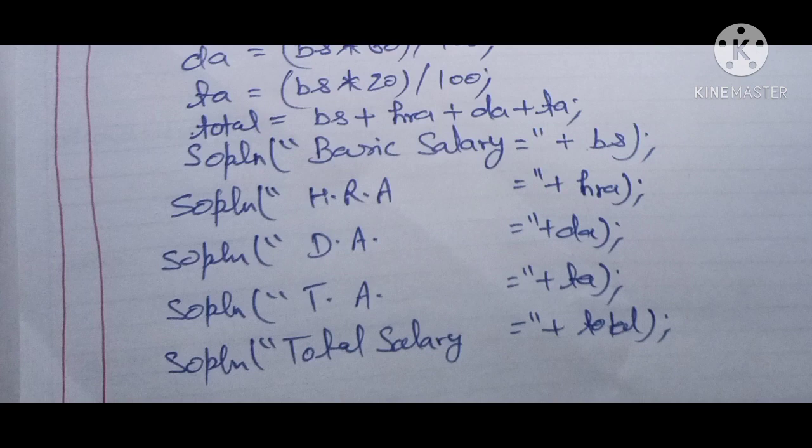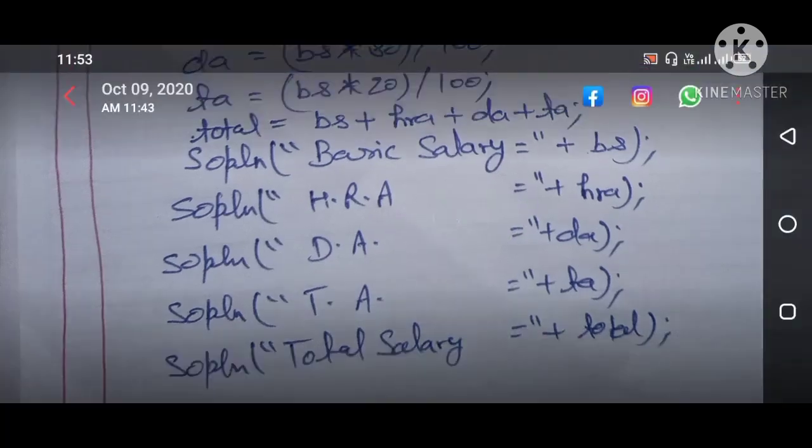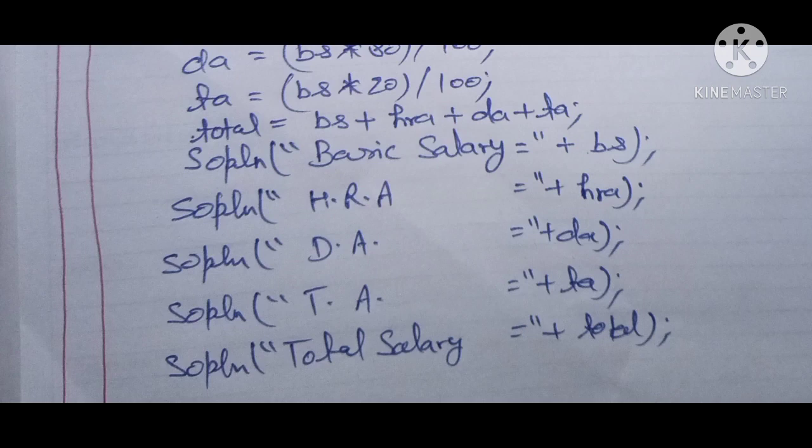You can make this gap using the space bar. Okay, why have I made a gap there? Because I want this equal sign in a parallel line. That's why I have given a space here. If you don't give the space, that will also be okay.